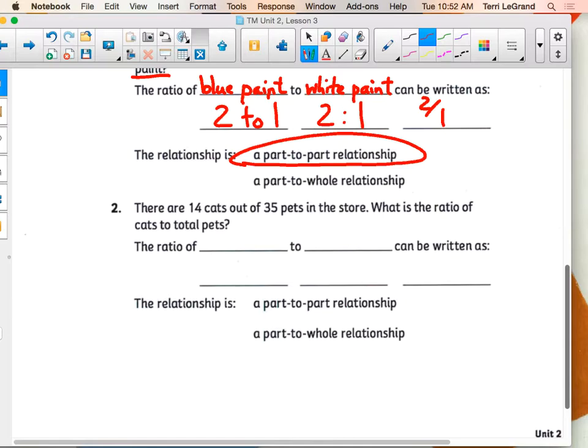So if we were going to compare the 2 quarts of blue paint to the total amount of paint, it would be 2 to 3.